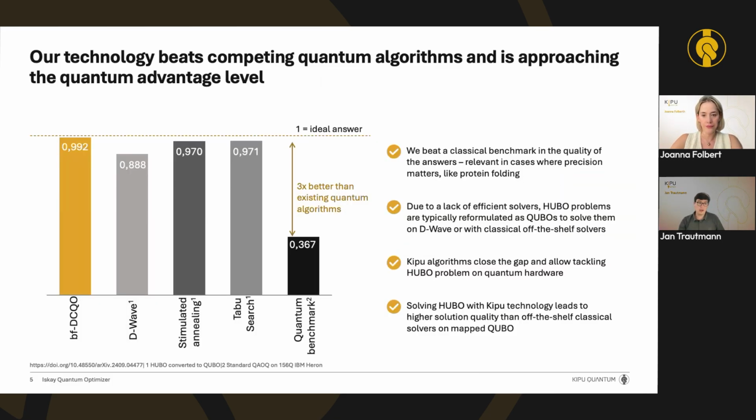For sure, we also benchmarked our algorithms on actual quantum hardware. In this case, we took a higher order binary optimization problem. These higher order problems occur in many applications, for example protein folding, or when you are using time windows in scheduling problems.